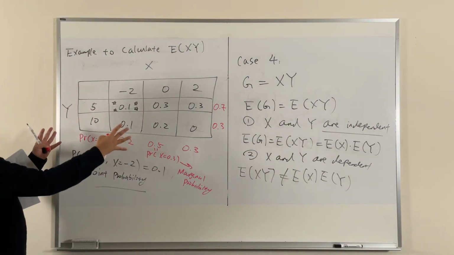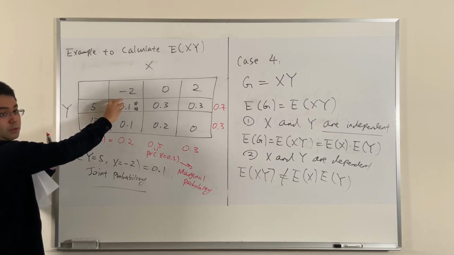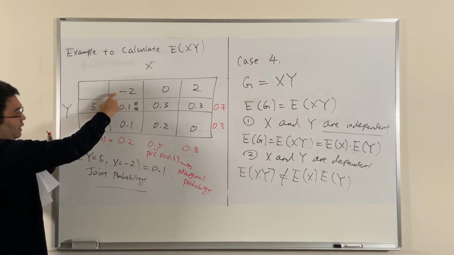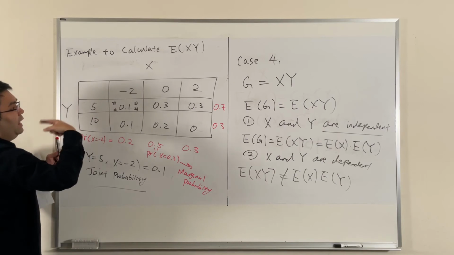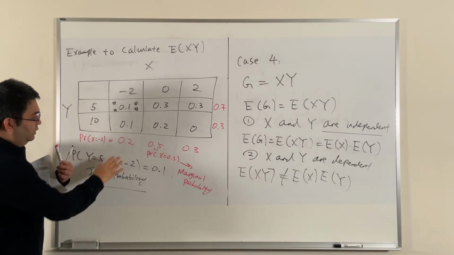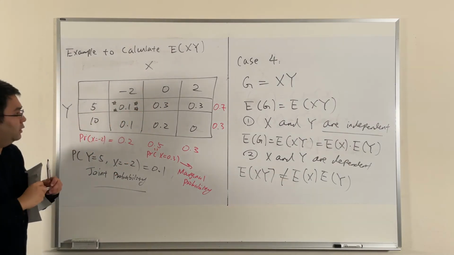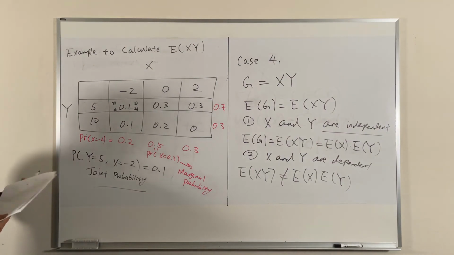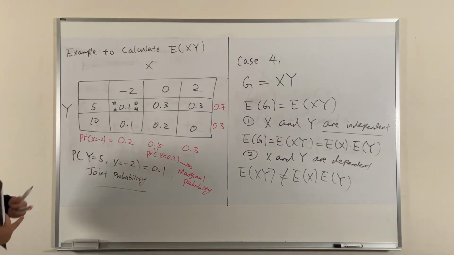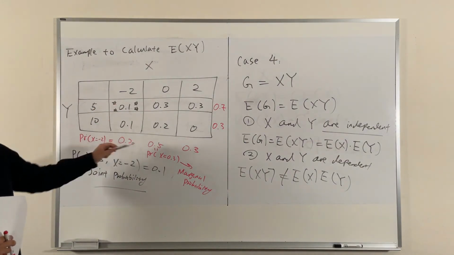So in this table we get the joint values and their joint probabilities, and we can also calculate their marginal probabilities using the joint probabilities. Good. Let's solve for the expected value of x multiplied by y using this table.